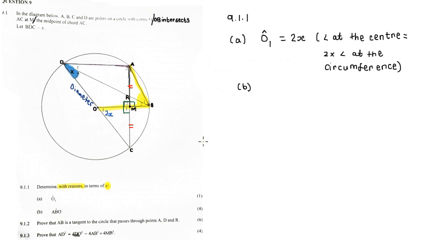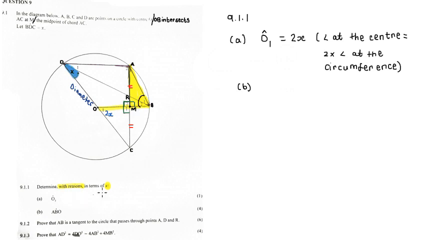Okay, all right. So now angle ABO, if you can see, it's actually part of this small little triangle over here. If I just highlight it in yellow, this small little triangle over here. Okay, and what we're looking for is these two angles over here.